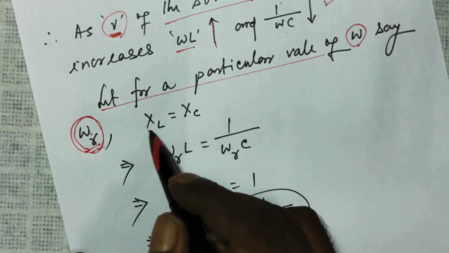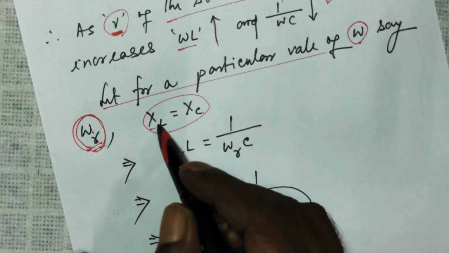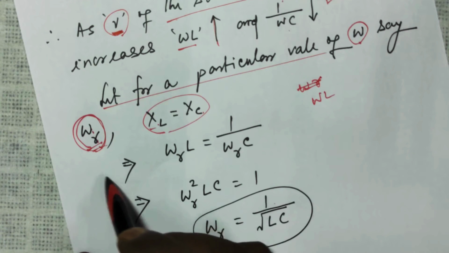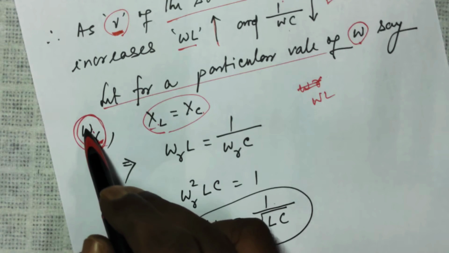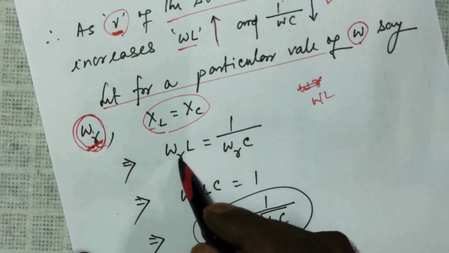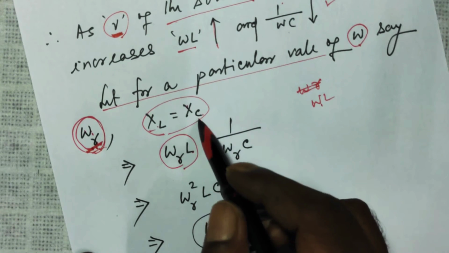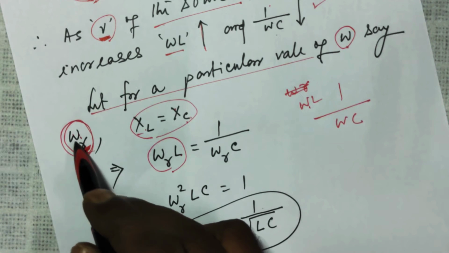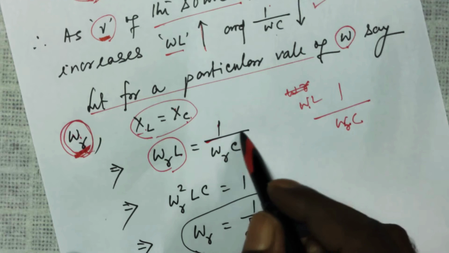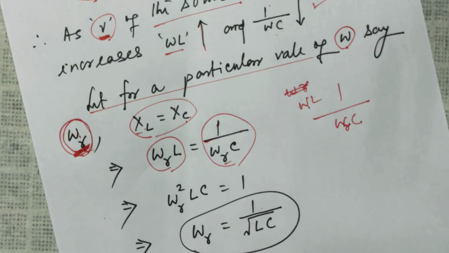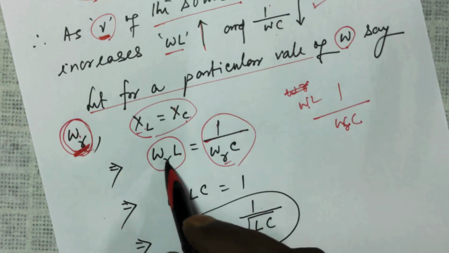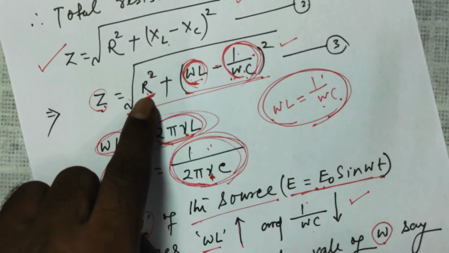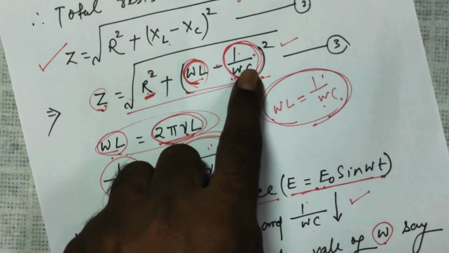So for this, let XL be equal to XC. Now XL is equal to omega L. For this angular frequency, I will put omega R L. XC is equal to 1 by omega C. For this angular frequency, I write omega R here, so 1 by omega R C. So we are going to find out how much is that particular angular frequency omega R for which Z becomes minimum, that is equal to R, because this minus this becomes 0.